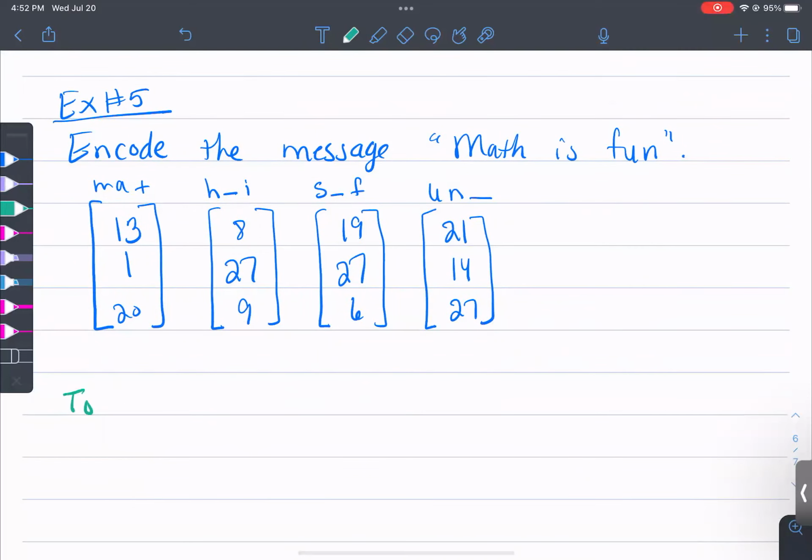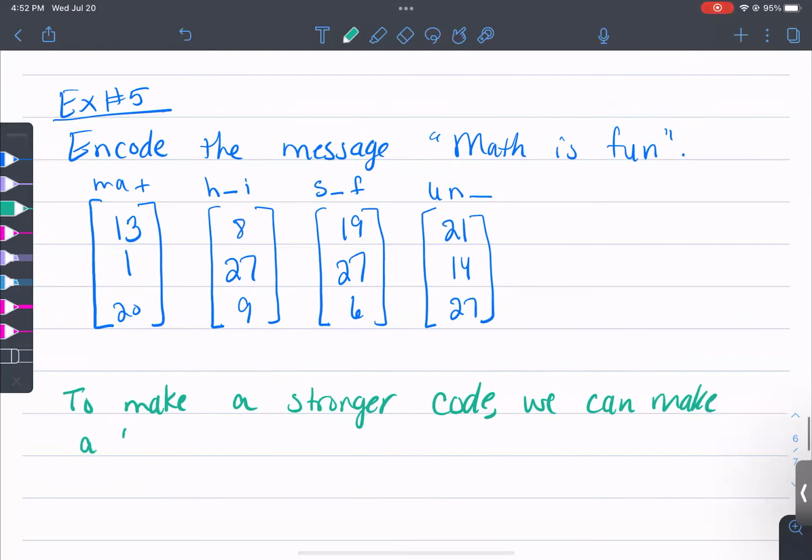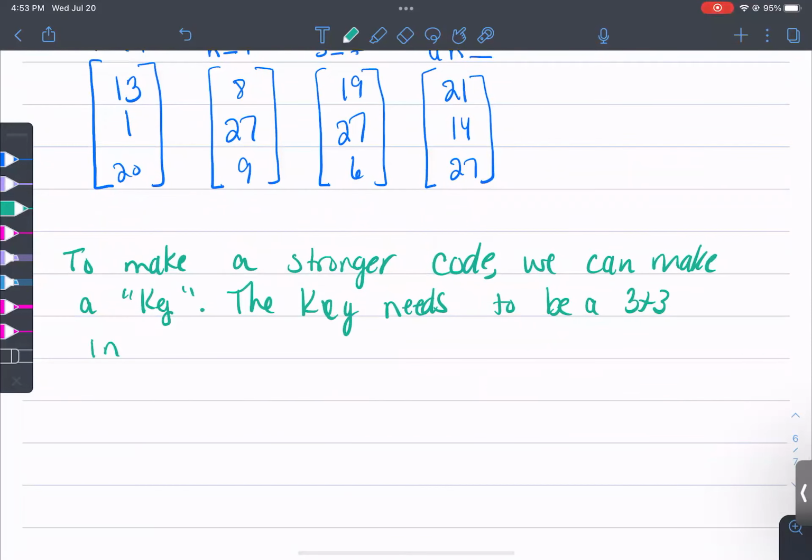So to make a stronger code, we can make what's called a key. The key needs to be a 3x3 matrix, and it has to be invertible.